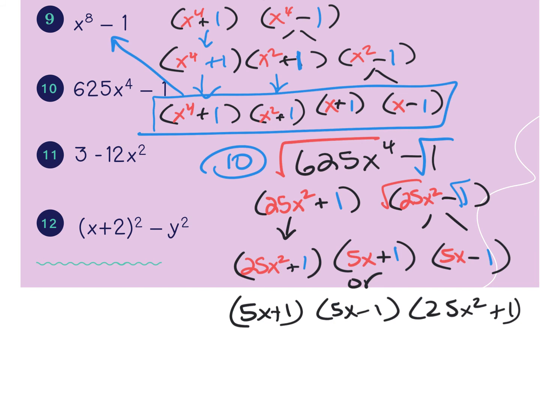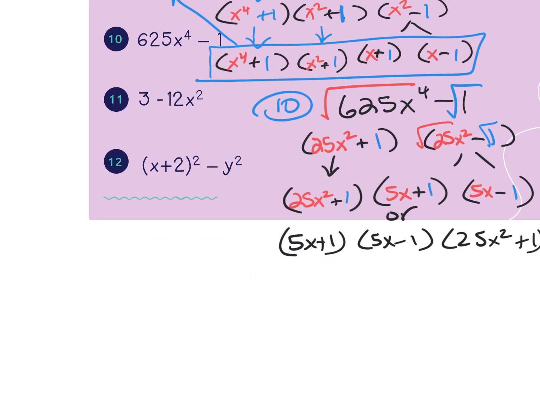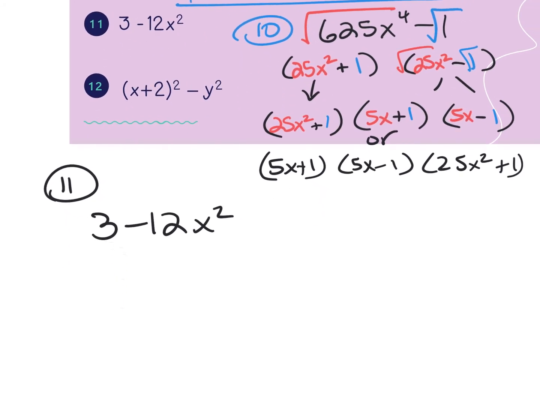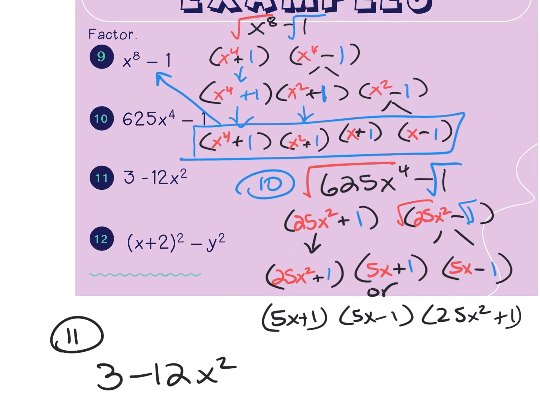Let's try number 11, sorry. Number 11, 3 minus 12x squared. Now, again, I know I didn't talk about this when I did 9 and 10, but you should always look for a GCF first. 9 didn't have one. There was no variables in common, and the constant, there was a 1.